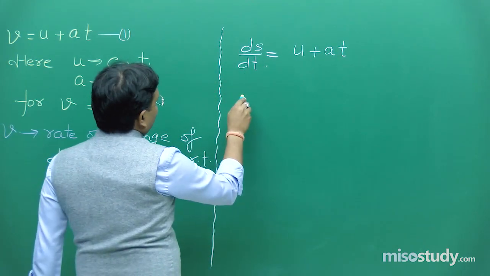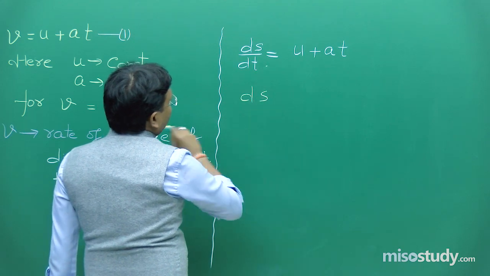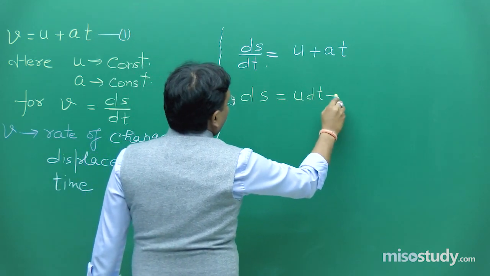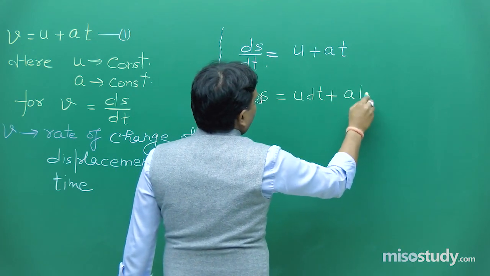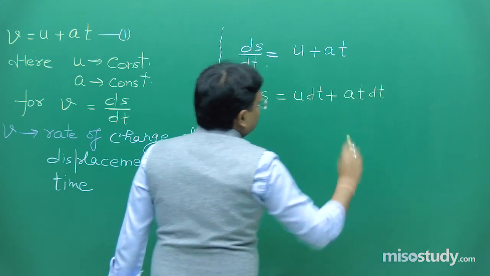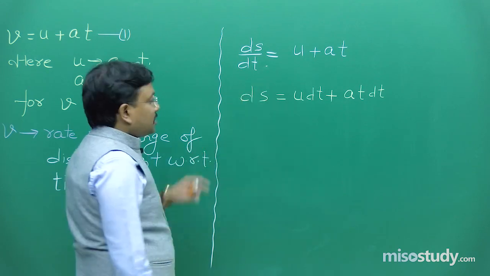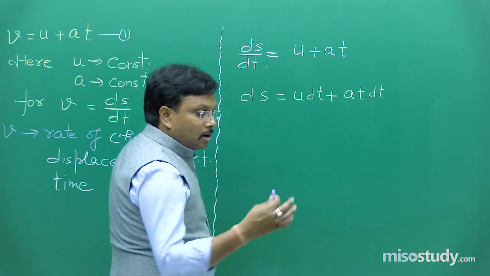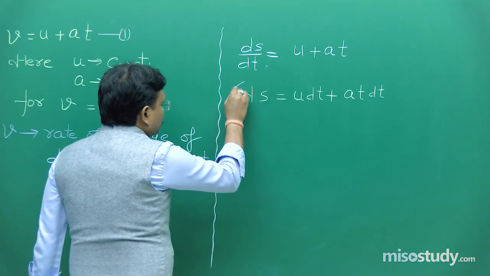No problem. Now, ds is equal to u dt plus at dt. Simply multiplication. Fine. Now, let us integrate.